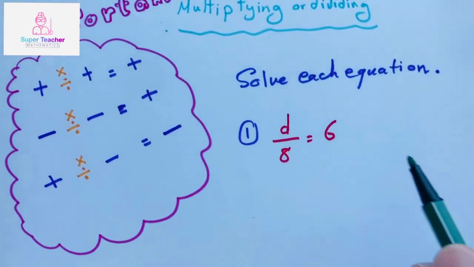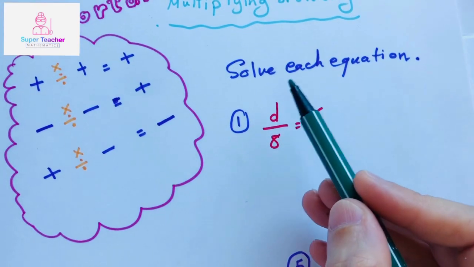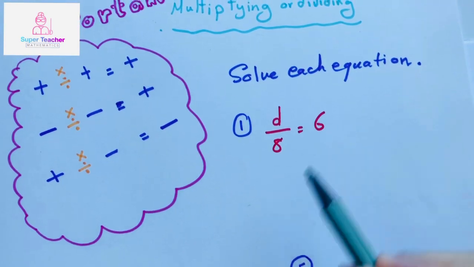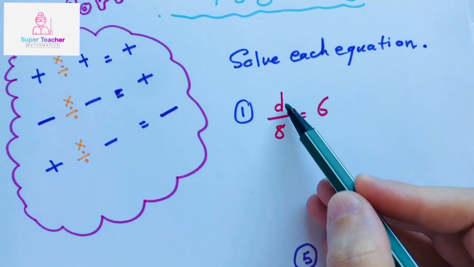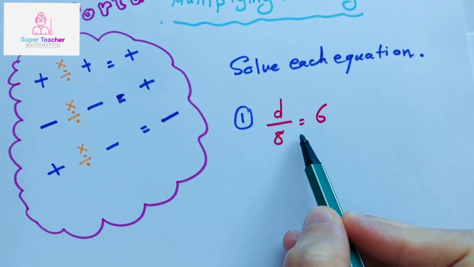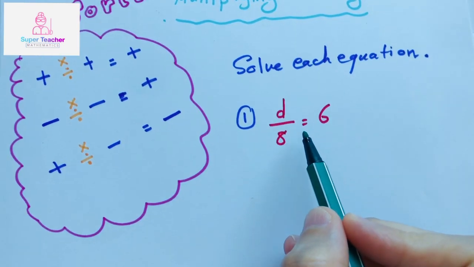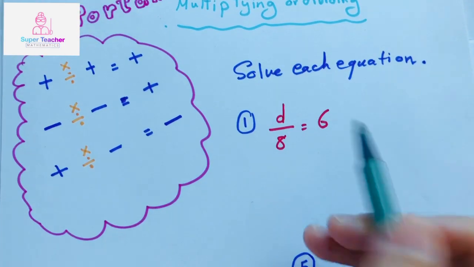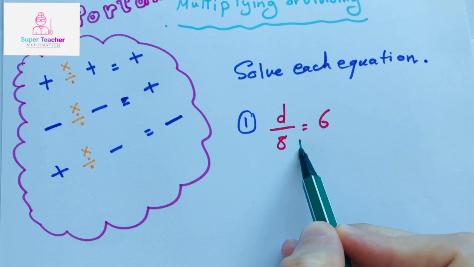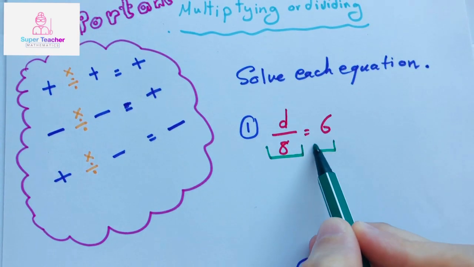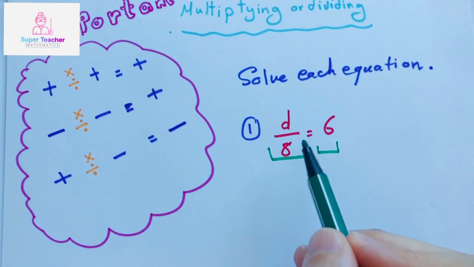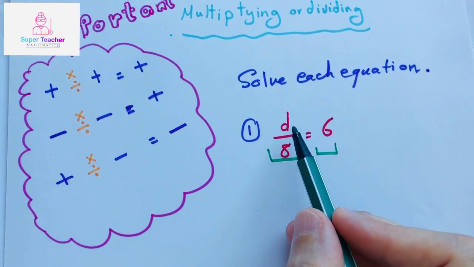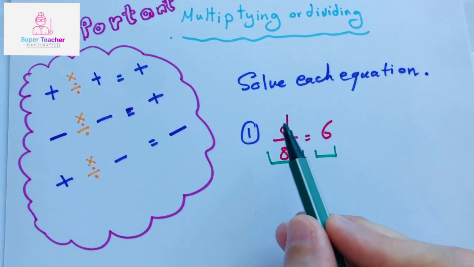Let's start the first question. Solve each equation. D divided by 8 equals 6. Okay, here we have the same thing as in lesson 2.1. I told you that we have two sides in the equations, right side and left side. I will take care of the side that has the variable. The variable is D, it's on the left, so I'm going to take care of this side.